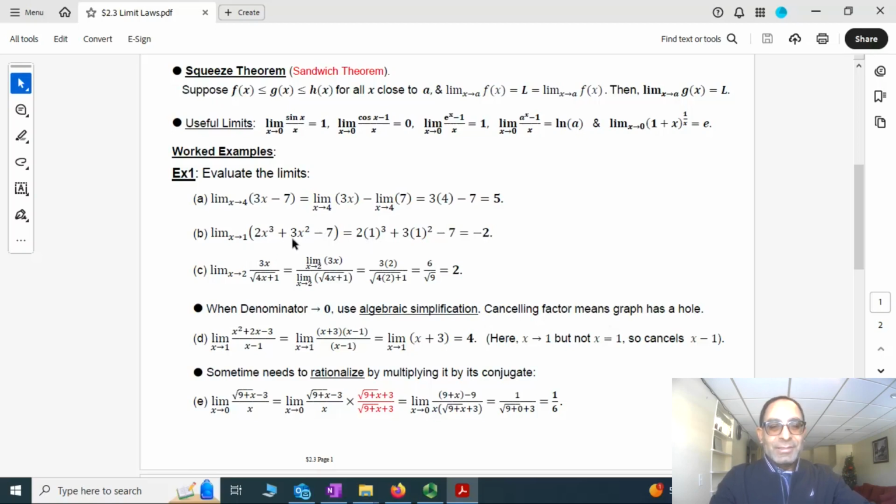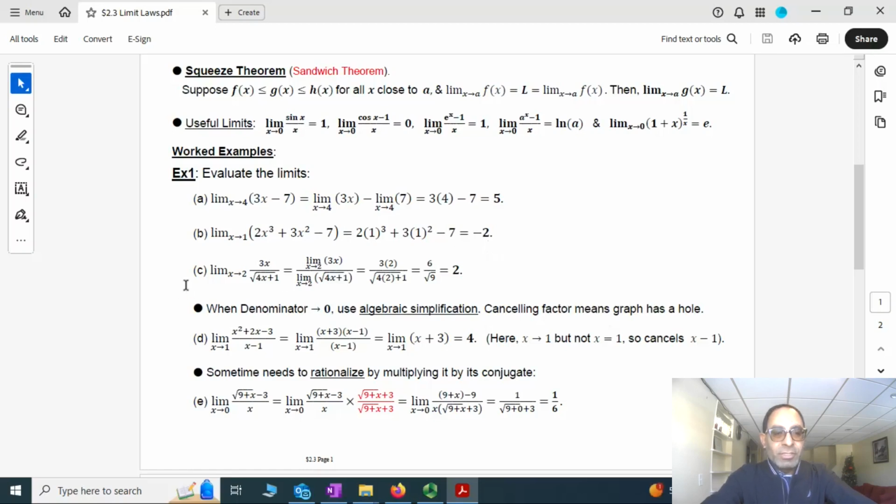So then here 2 plug x equals 1 cubed plus 3 put x equals 1 squared minus 7, constant as it is. Then you simplify. Here is a 2, here is a plus 3, here is a minus 7, so the answer is negative 2. Okay, let's continue.